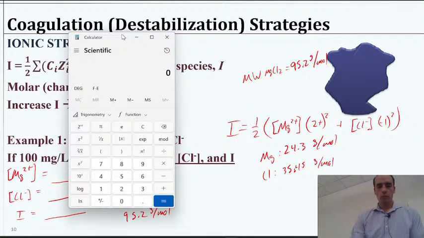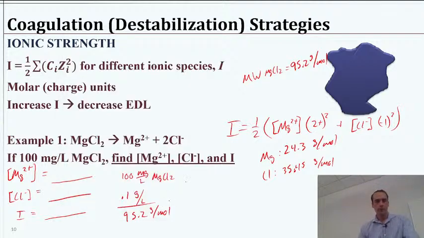So if we take 0.1 divided by 95.2, 0.00105. And that should be moles per liter. And that's the number of moles of magnesium chloride we dissolved in 1 liter of water, essentially.